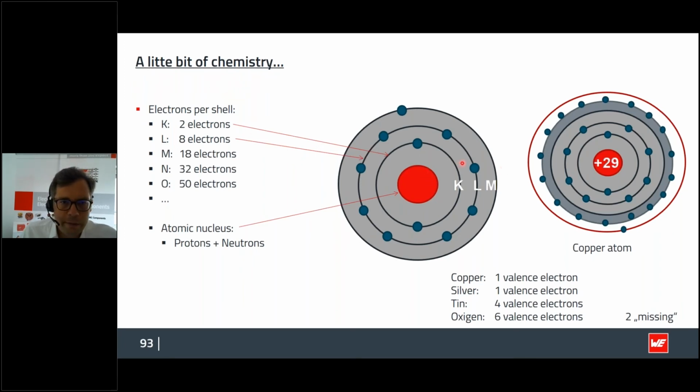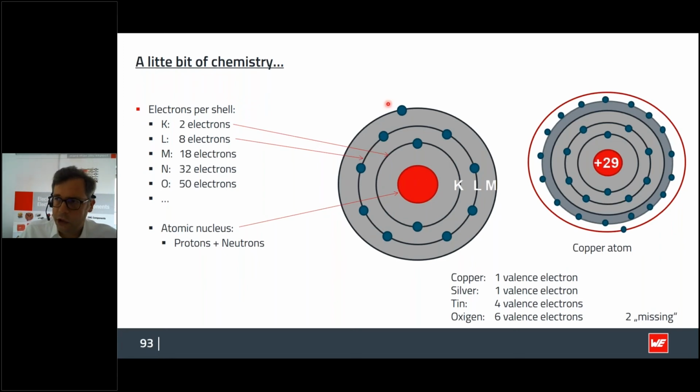If you think about atoms, we have the core, which is shown here in red. You have protons and neutrons, and in the shell model, you have certain shells afterwards in the atom model.